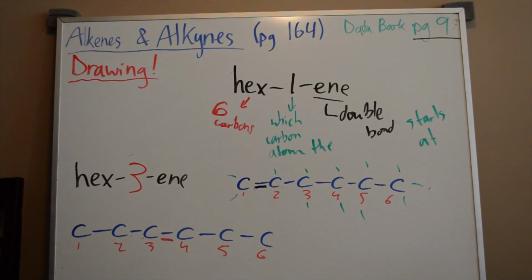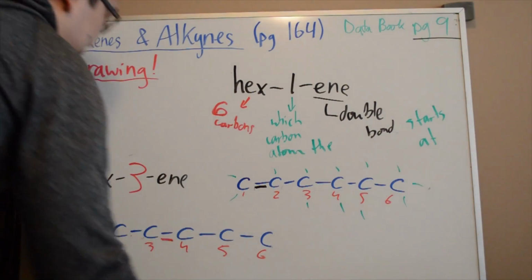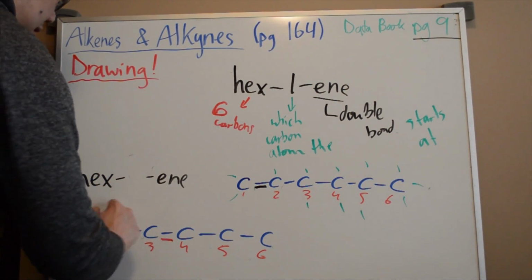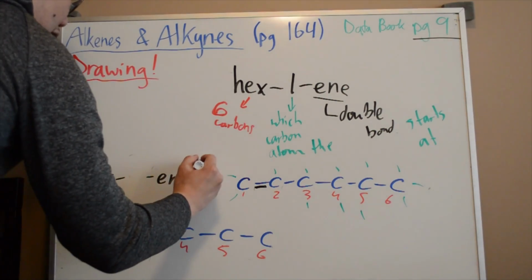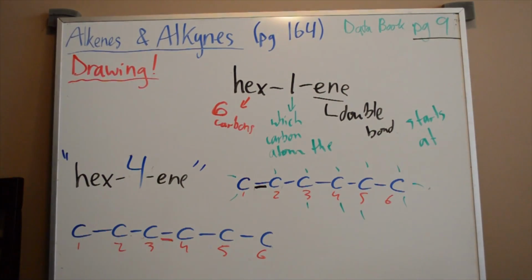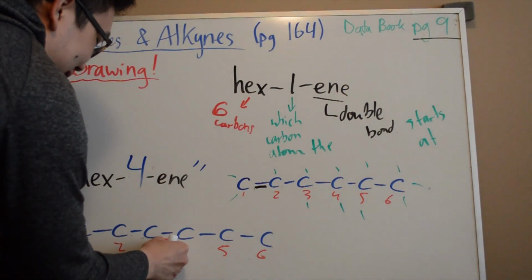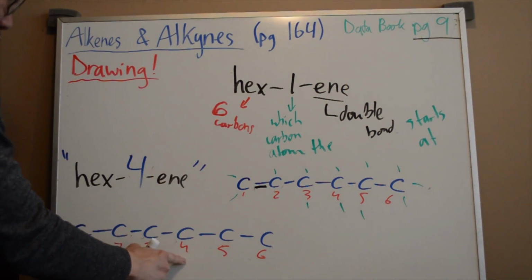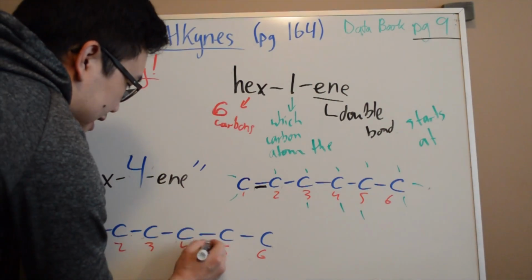One quick little trick I'm going to show you is, does hex 4-ene exist? Well, it sort of does, but not really, because I'm going to tell you why. You might already notice this, but hex 4-ene, oh, where would the double bond be in this case? Well, the double bond would be on the fourth carbon, starts from there, goes that way.